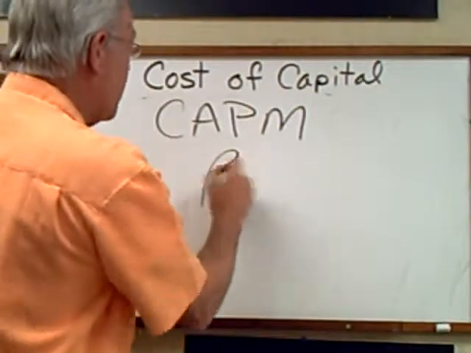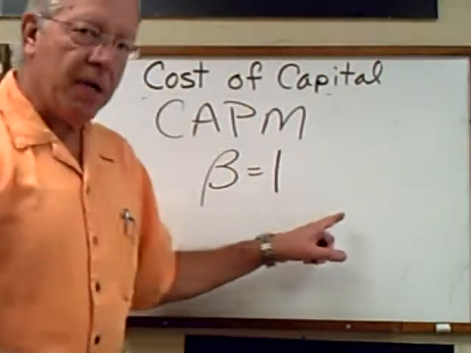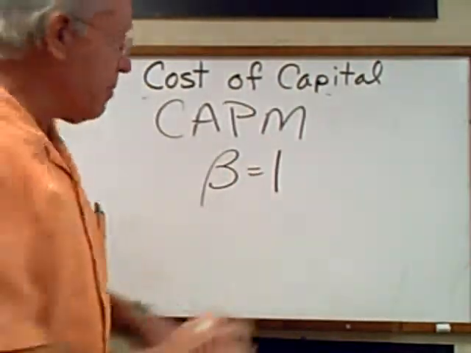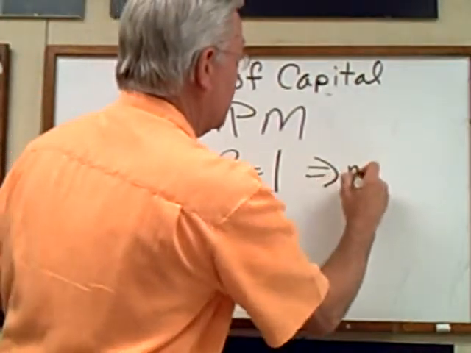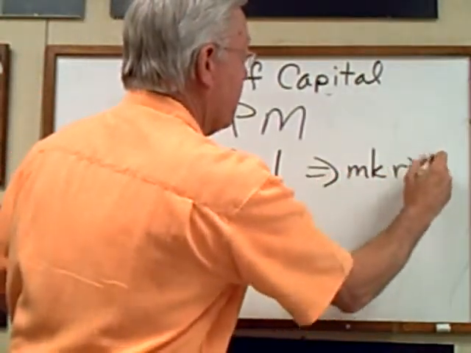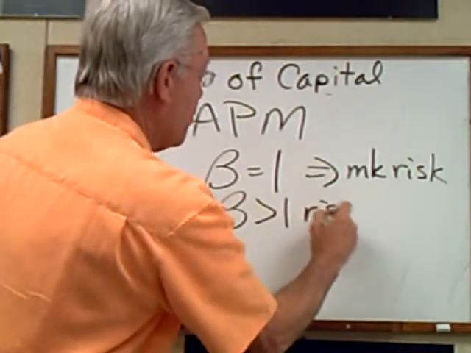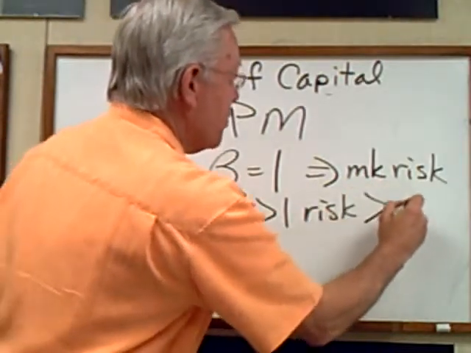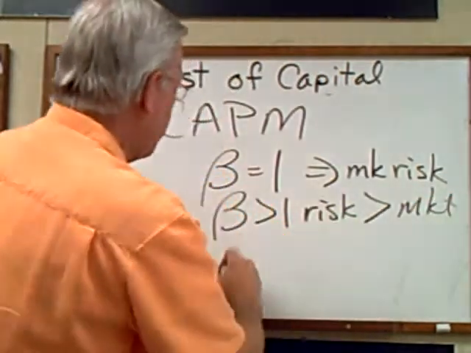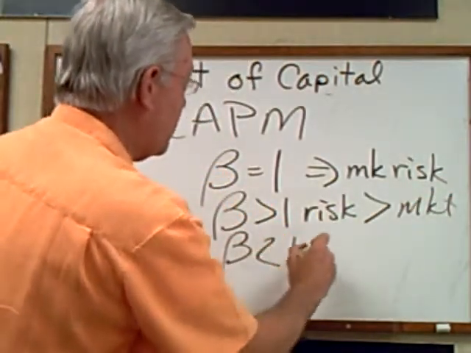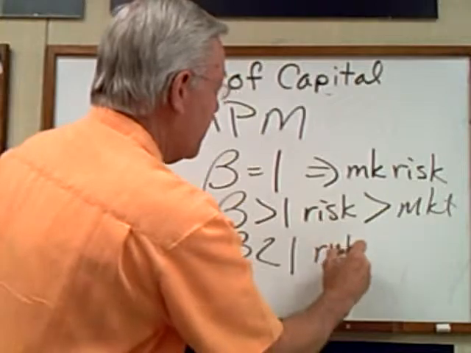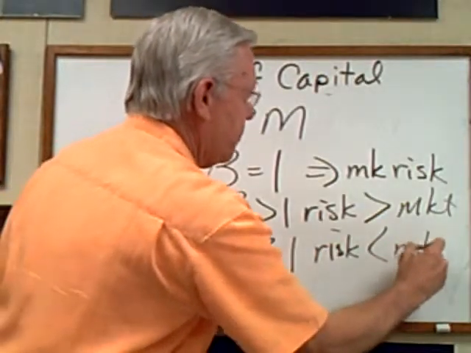If beta equals 1, that means the company's risk is the same as the market. If beta is greater than 1, the risk is greater than the market. And if beta is less than 1, the risk is less than the market.